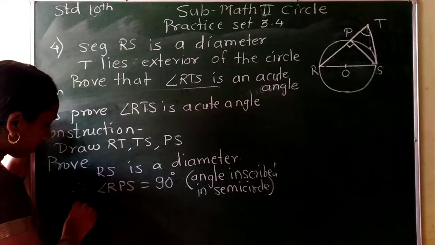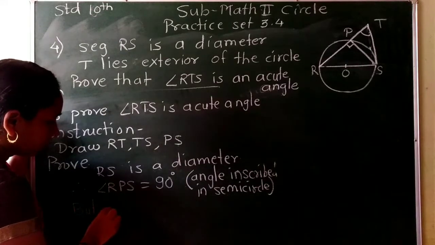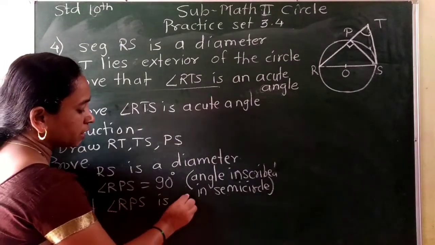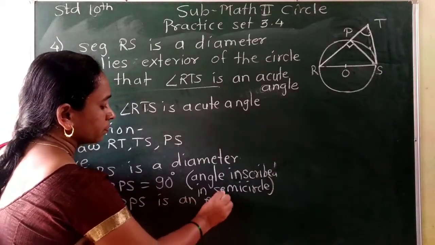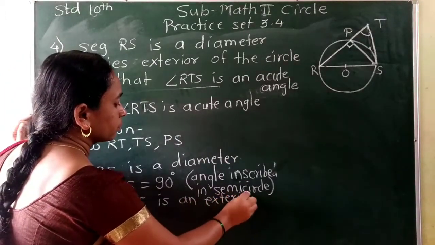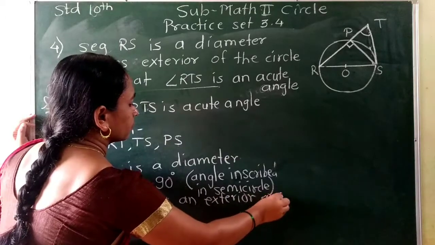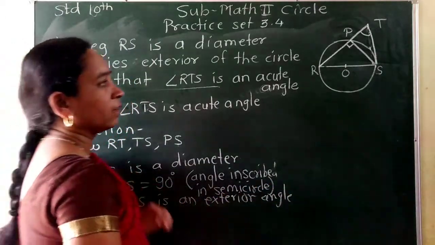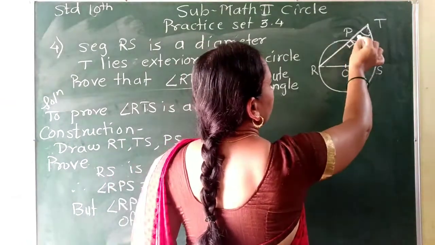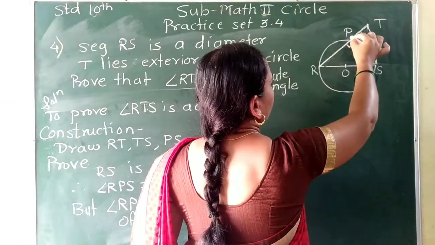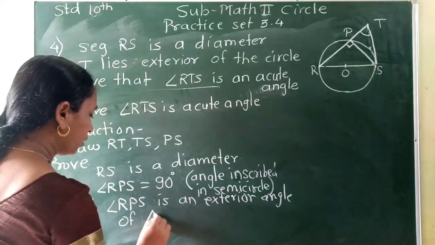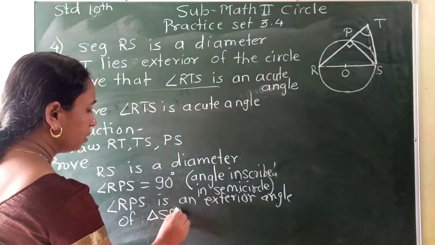But angle RPS is an exterior angle of this triangle, SPT.